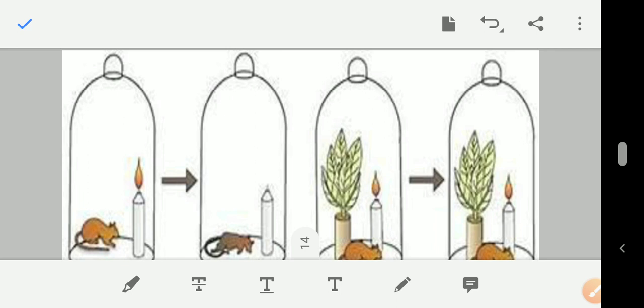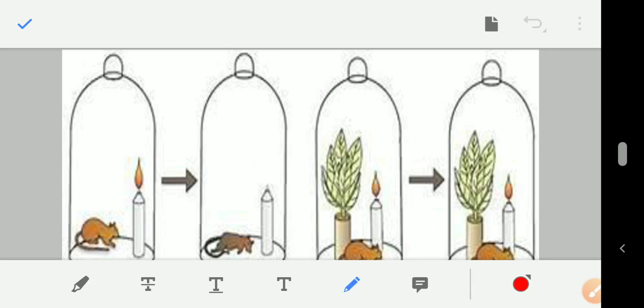Secondly, yes, it is showing respiration also, but the main aim of this experiment is to show photosynthesis. Look here, in this one rat is there, one candle is there, and this rat will die, because this rat is producing carbon dioxide and this candle is also producing carbon dioxide. There is no supply of oxygen. That's why this rat will die as well as this candle will extinguish.